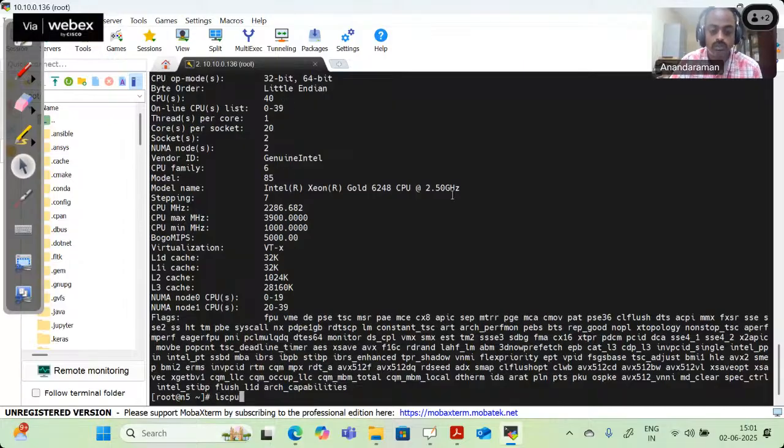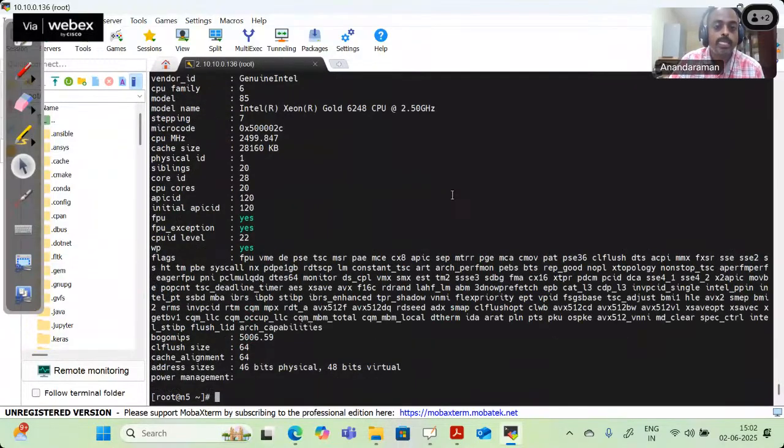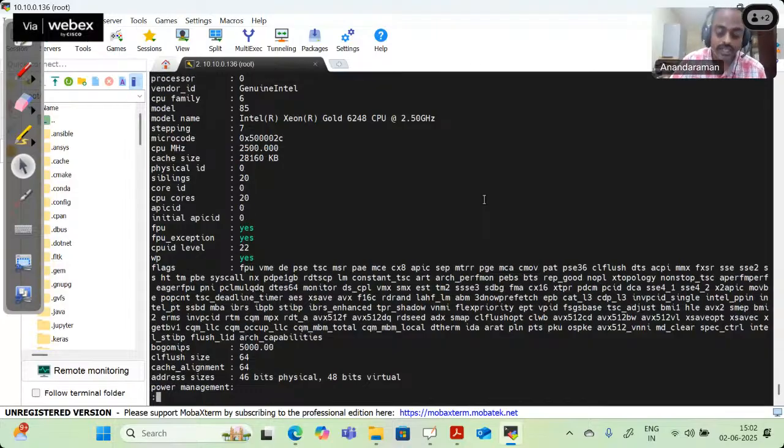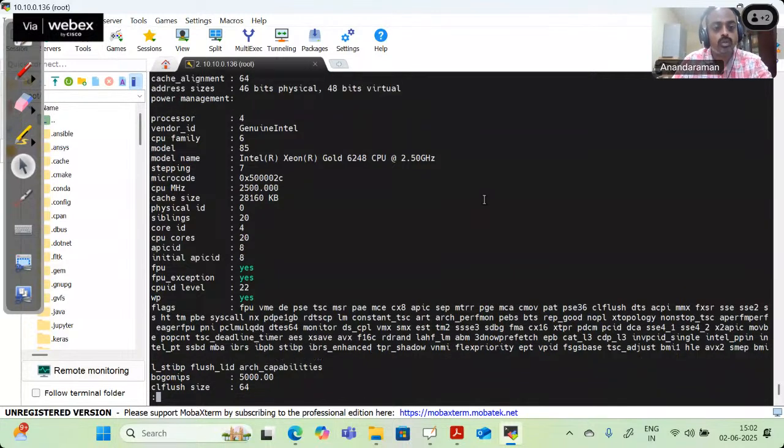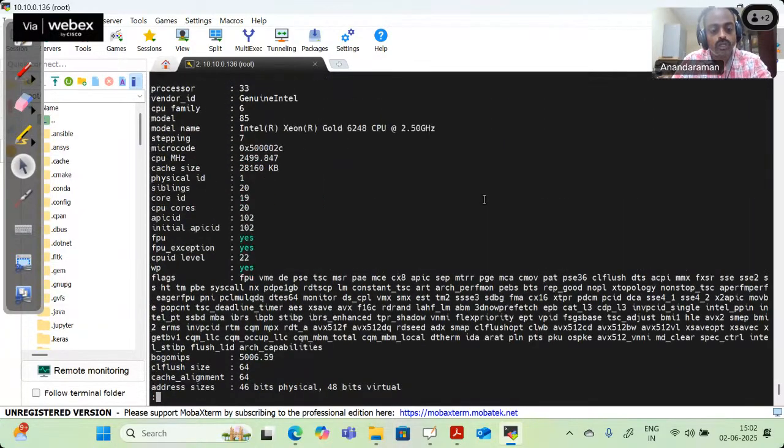Or we can use cat /proc/cpuinfo. Most HPC will be running on Linux only. 99% of HPC will be running on Linux only. I have never seen a Windows HPC. So processor 0, processor 1, 2, 3, 4, up to 40. This is one machine.